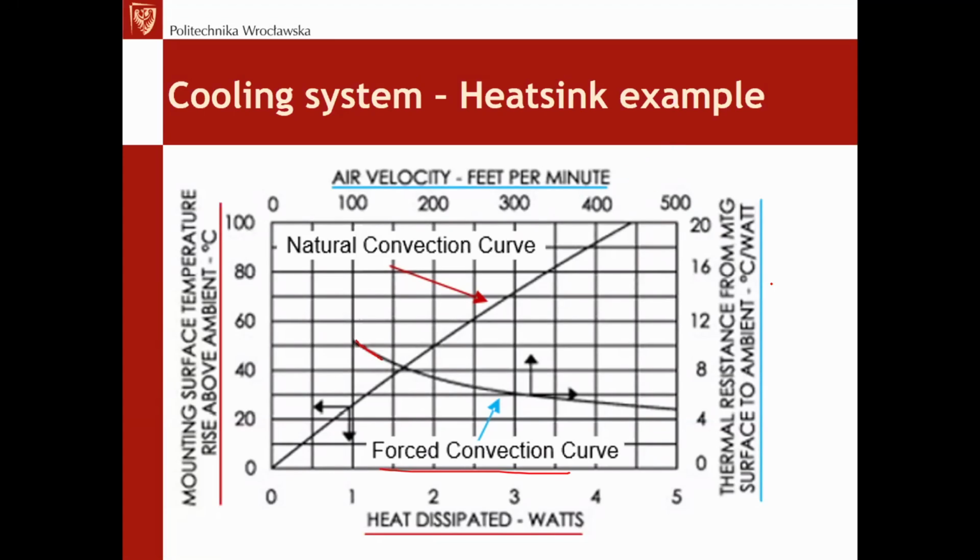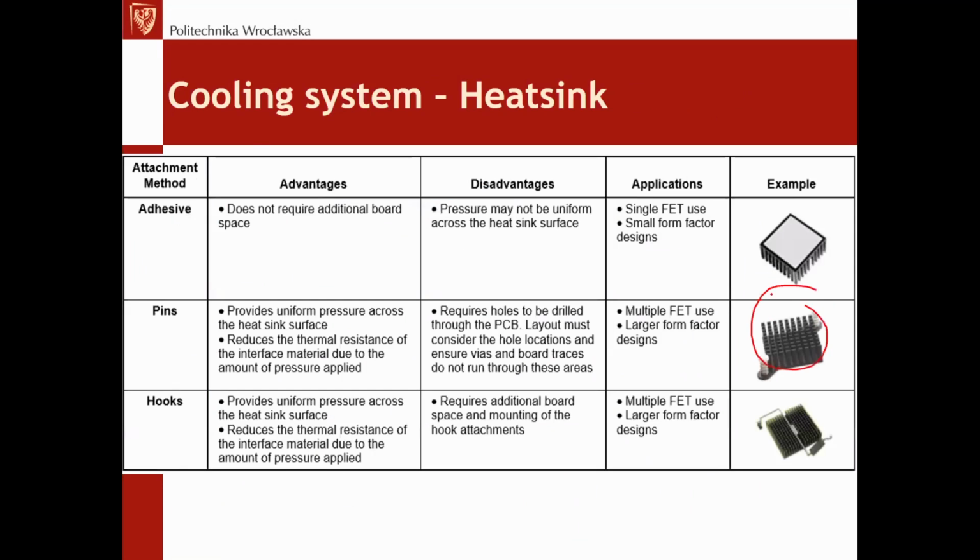Yet the dependence isn't linear, which means that the increase of convection from 0 to some value gives a higher gain in the reduction of the thermal resistance. Then the curve flattens, which means that we may have a hurricane near our board, and it might not solve our problems, and we might need to simply increase the area of the wings in our heat sinks.